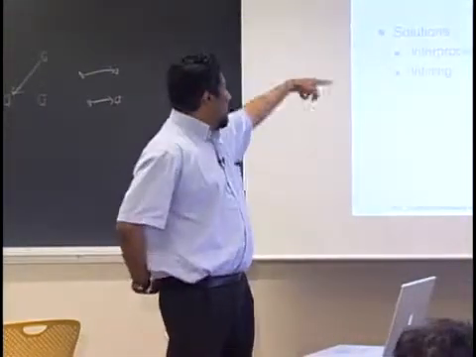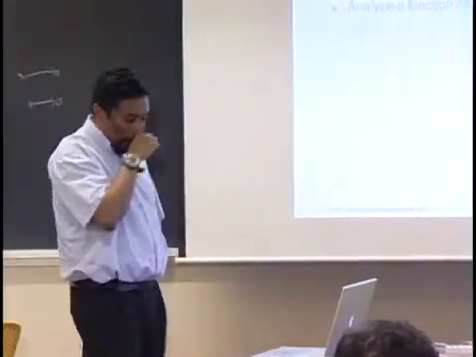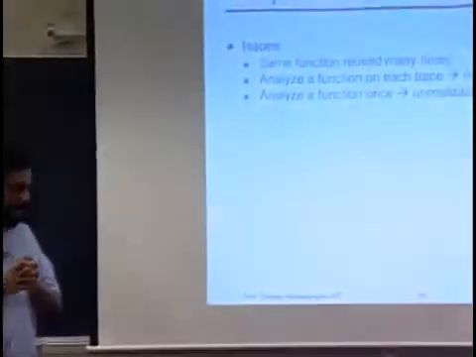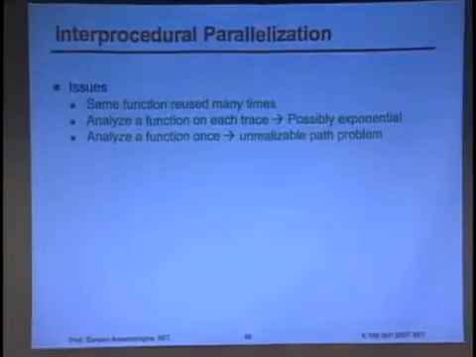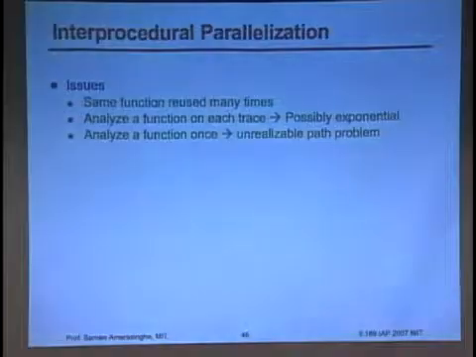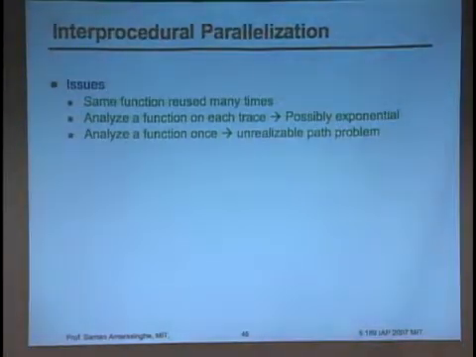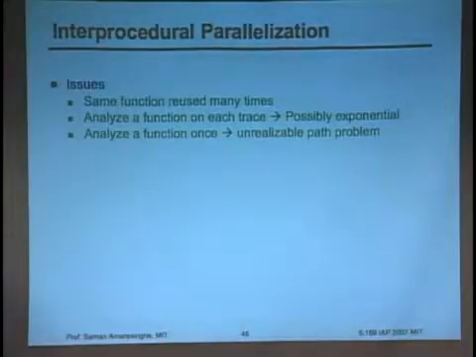There are two things you can do. One is interprocedural analysis, and one is inlining. Interprocedural analysis says, I am going to analyze the entire program, and as I have a function, I am going to go and analyze the function itself also. Assume functions are reused many times, so a sine function might be used hundreds of times.